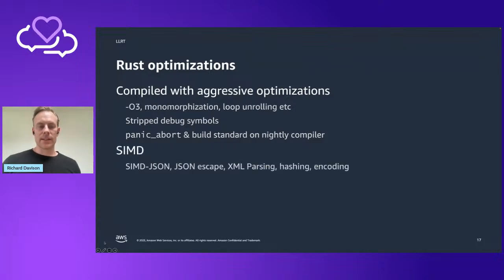SIMD stands for single instruction, multiple data. This means that we're using SIMD instructions where we can. When you're reading data, for instance, there can be an added performance benefit from reading multiple data or performing operations on multiple data at the same time.